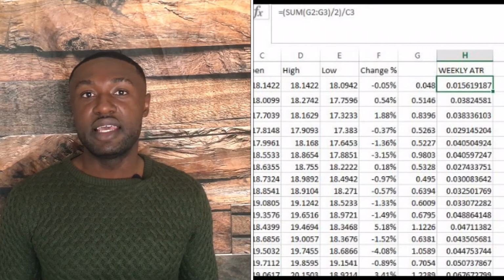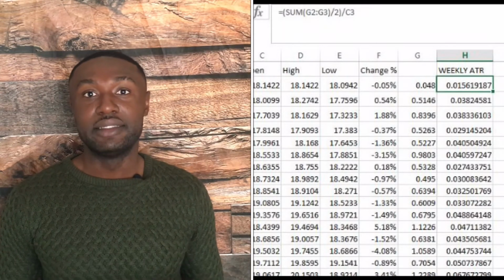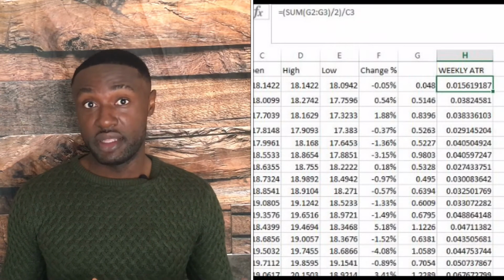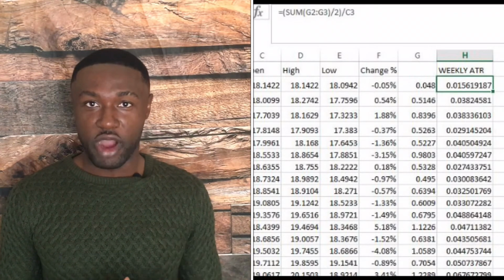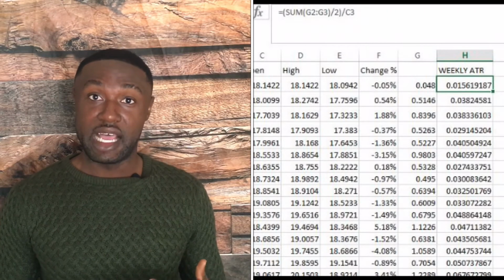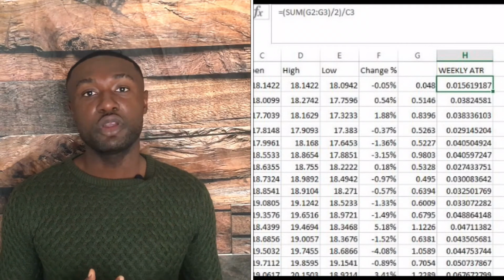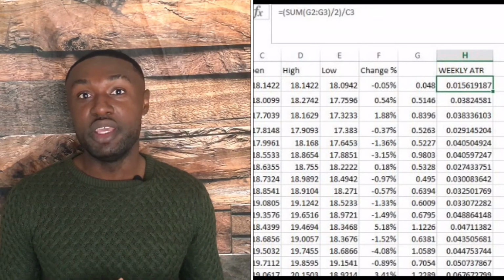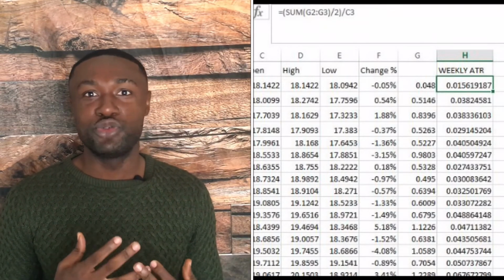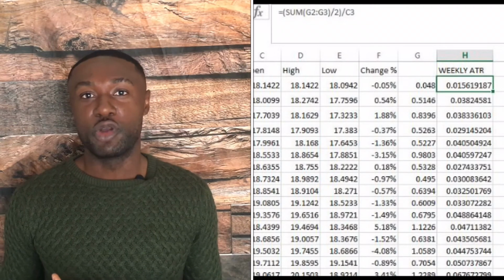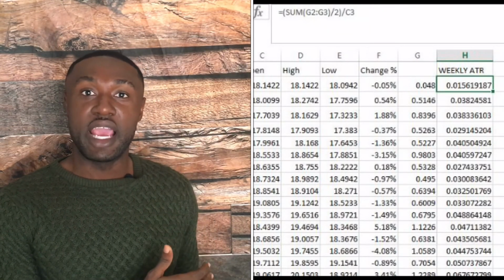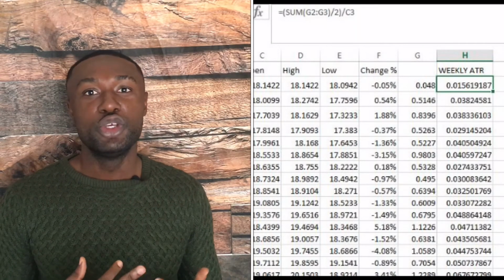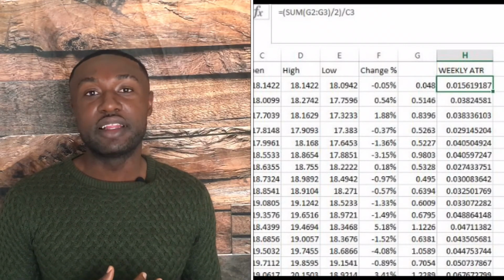So if, let's say, Pound USD moves 500 pips, and before I entered my trade, let's say it was a buy trade, it had already moved 400 pips, it means that it has only 100 pips to go. So when I buy Pound USD, my take profit is just going to be 100 pips. I'm not going to set 200 pips or 300 pips, because the ATR has shown me that historically it's not likely to move beyond the 500 pips.